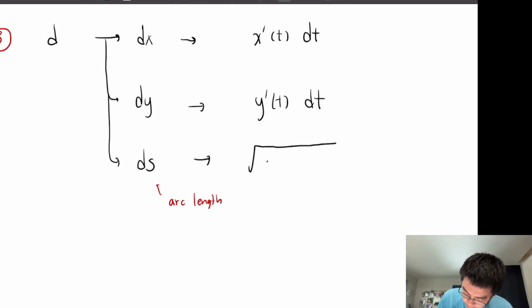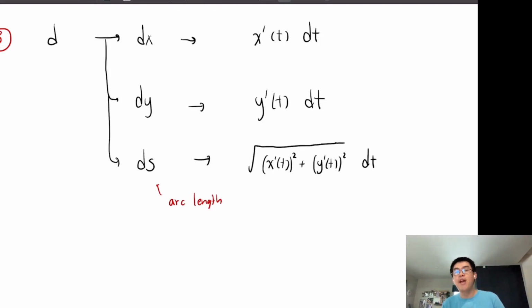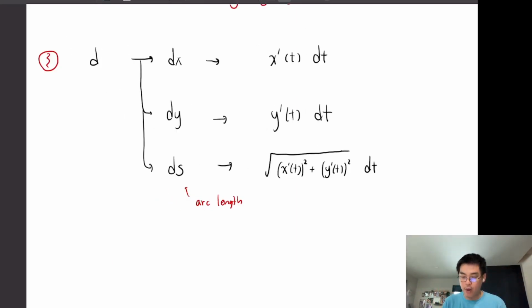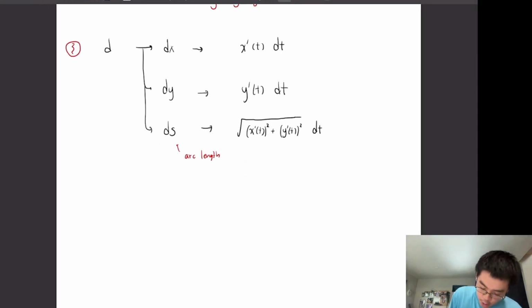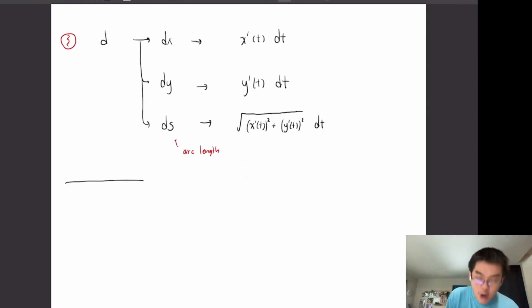You need to do x prime, you need to do y prime, you need to square them, and then you do dt. All right, so that's a big formula to do, right? You differentiate x, you differentiate y, square, add them up together, and put in a square root. All right, so you combine everything and then you integrate with respect to t.